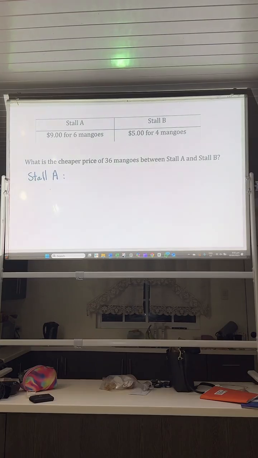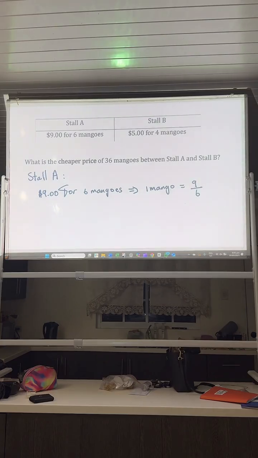So $9 for 6 mangoes. If $9 for 6 mangoes, this means that one mango would be equal to 9 over 6, or 9 divided by 6. Cool? Everybody good there? Raise your hand if you're good there. Let's go.